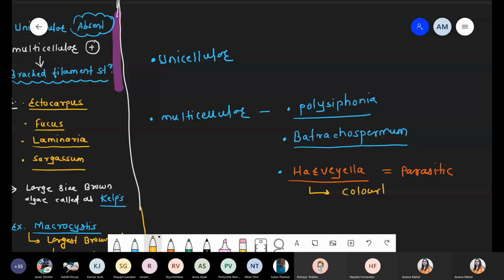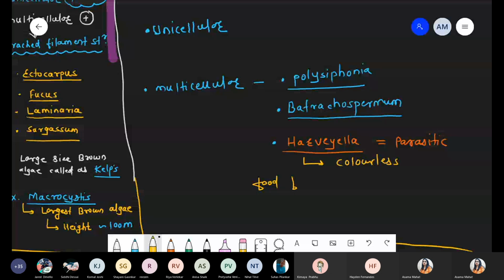So for food, it depends upon other red algae. Because see, whenever we are talking about algae, definitely these have the unique property that all of them are photosynthetic, they can synthesize their own food.